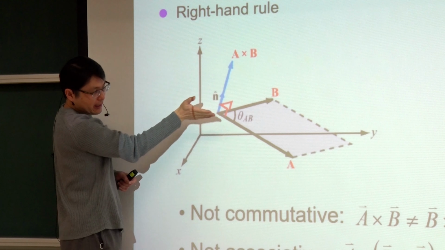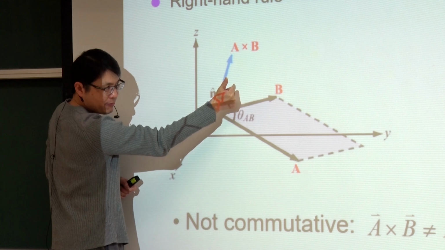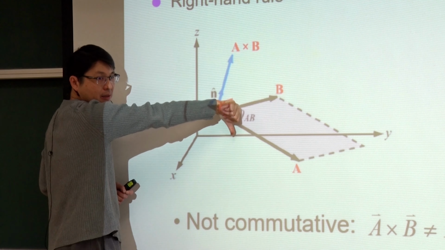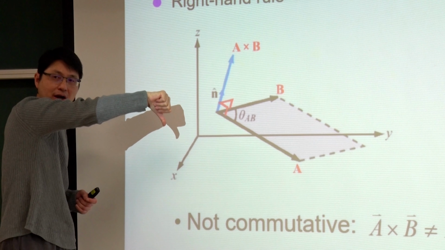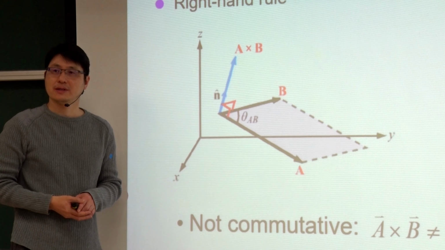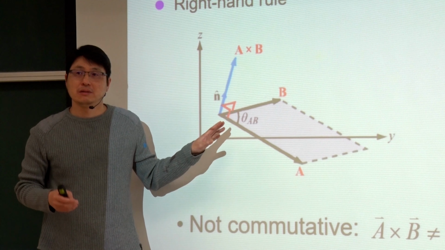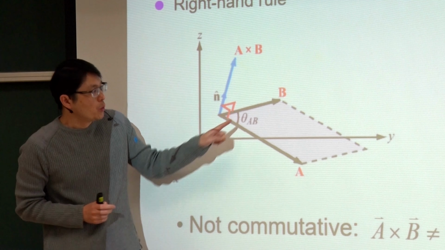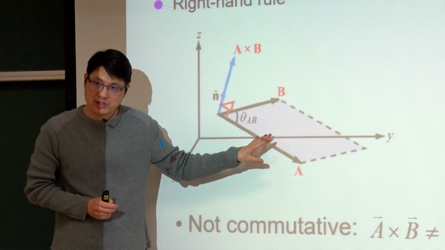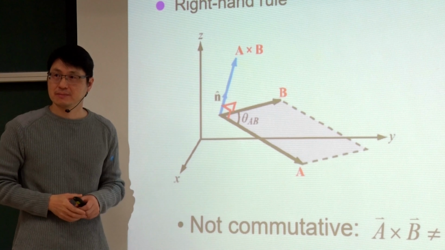Using the right hand, A cross B points up. But if you perform B cross A, your thumb is pointing downwards. So this same surface, with the same area, the magnitude will be the same, but the direction will be opposite.